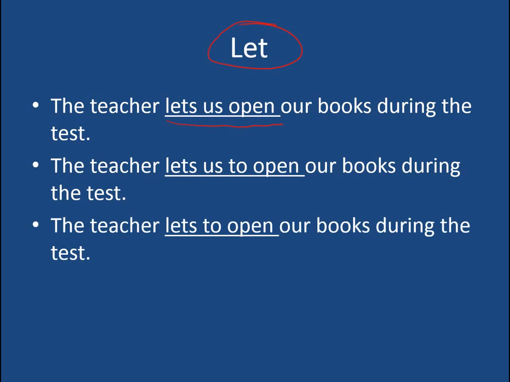Look at these three sentences and tell me which one looks correct. The first one, the teacher lets us open our books. The teacher lets us to open our books, or the teacher lets to open our books during the test. If you chose the first one, yes, that is the correct pattern.